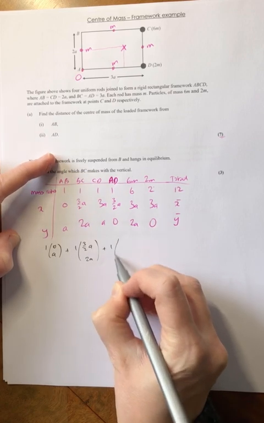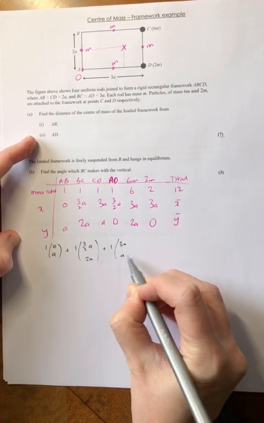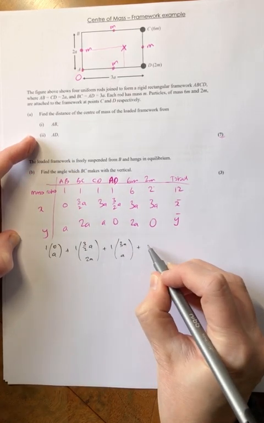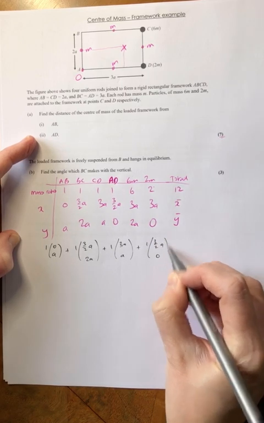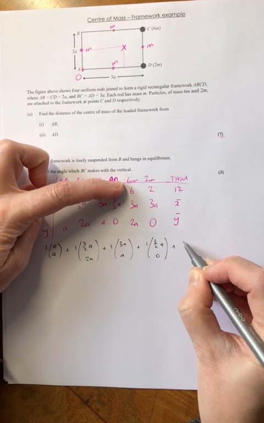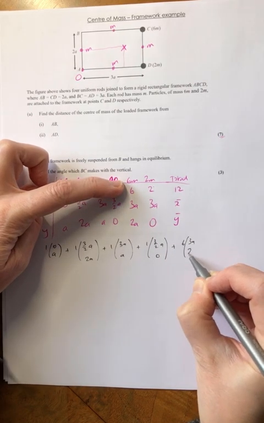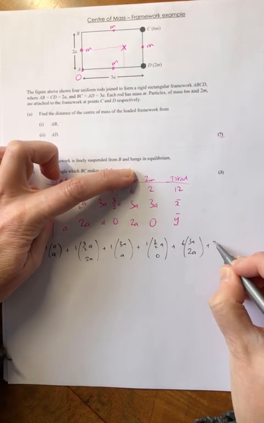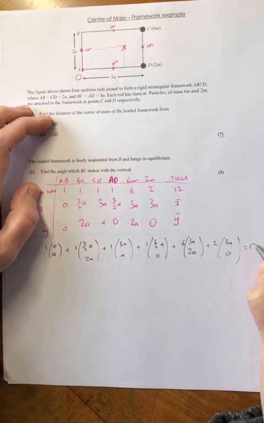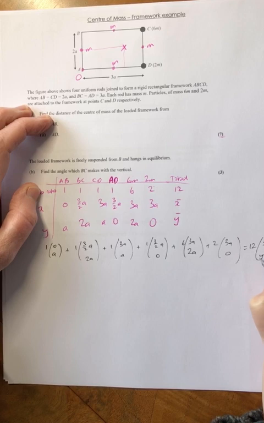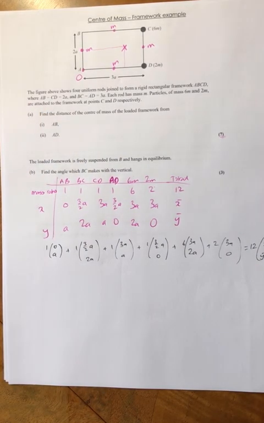So I'm just adding up the product of all of the masses with the centre of masses. 1 multiplied by 3 over 2a and 0. Now on the slightly more interesting one, 6, 3a and 2a. I've got 2, 3a and 0, and then finally that is equal to 12 x bar, y bar.